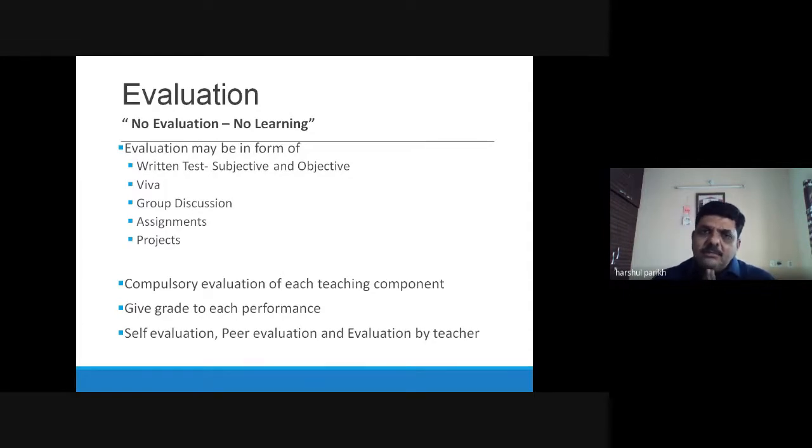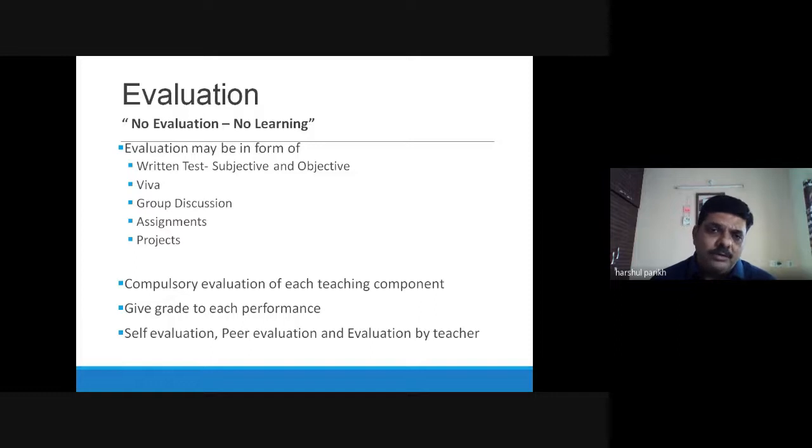Evaluation plays a critical role in the teaching learning process. We all know that when there is no evaluation, there will be no learning. And that's why constant assessment and constant evaluation is a part of the National Education Policy 2020.